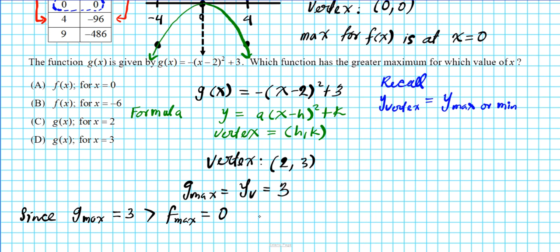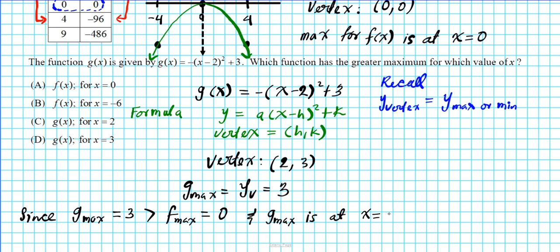And this occurs at x equals, wait, hold on. Where is g max at? Let's write that down. At what x value does this function attain its maximum? At the x-coordinate of the vertex, right? g max is at x equals 2.